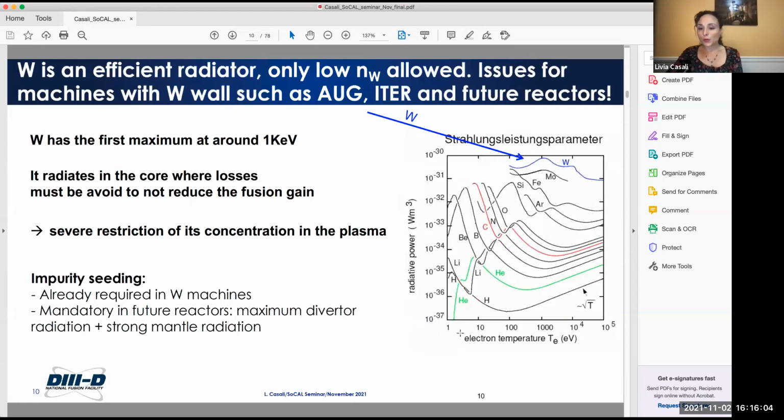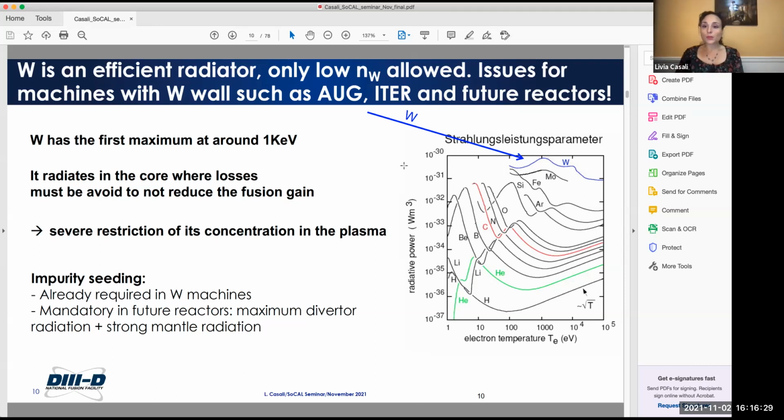In comparison, if we now enlarge this plot towards higher Z, we can see that tungsten has its maximum at around 1 keV. And so it radiates in the core, where the losses must be avoided to not reduce the fusion gain.